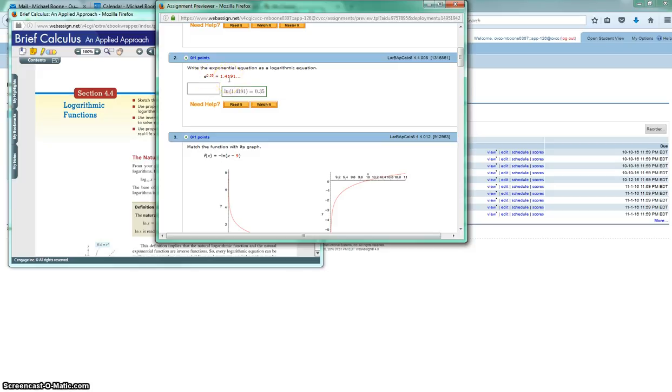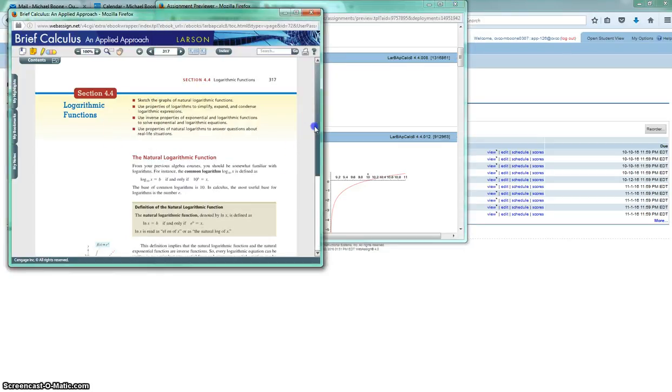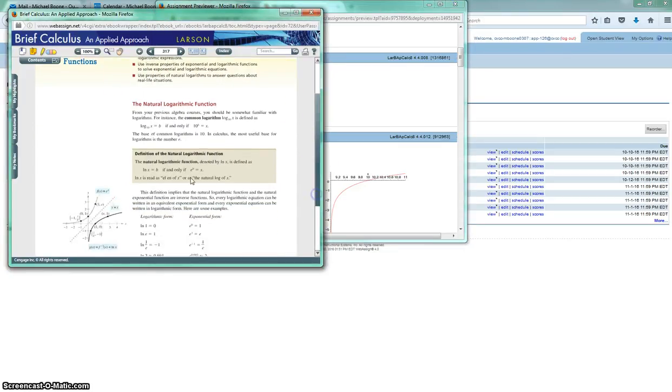But you have to be able to go back and forth in between exponential functions and logarithmic functions. So to do this, it's the natural log of this equals this. So officially, when we're looking at the definition of the natural logarithm in the book, they're inverses of each other.